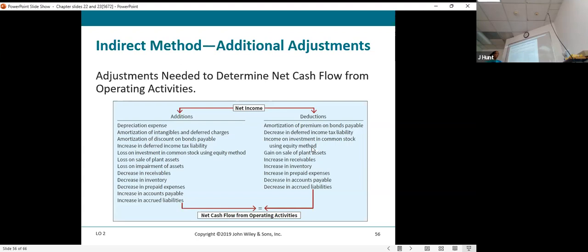So when you take the net income that's reported, this tells you anything that should be added to that number, any increases or decreases: increase in accounts payable, increase in accrued liabilities, increase in deferred income tax liability, and then it tells you the deductions. I really like this because it gives it to you all in one snap for that section. Good little guide.